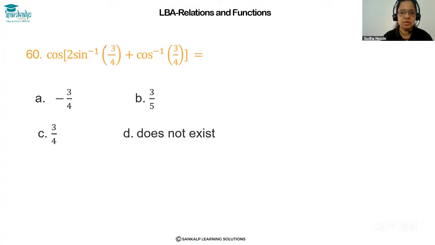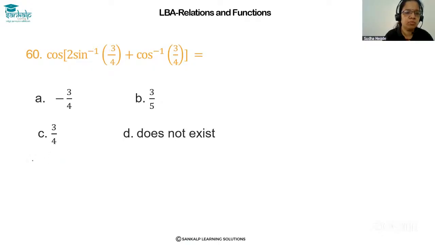Hi students, the question is cos of 2 sin inverse 3 by 4 plus cos inverse 3 by 4 is equal to, you need to find this expression value. Option A minus 3 by 4, option B 3 by 5, option C 3 by 4, option D does not exist.